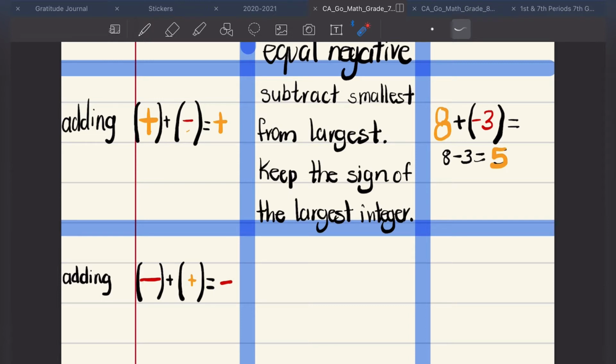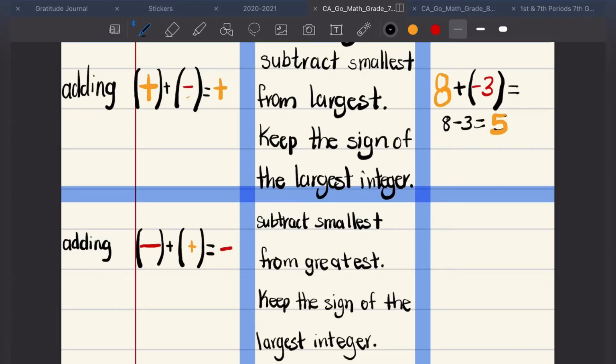And it's the same explanation as the previous one, so let me write that down. An example of that would be -9 plus 5.